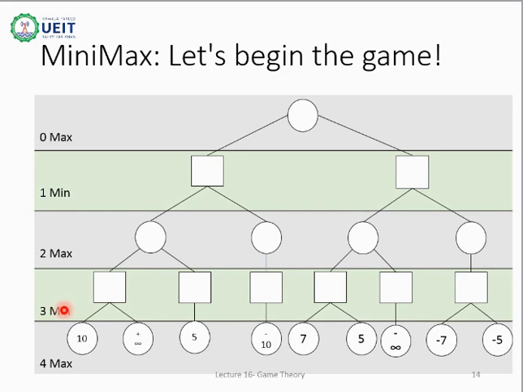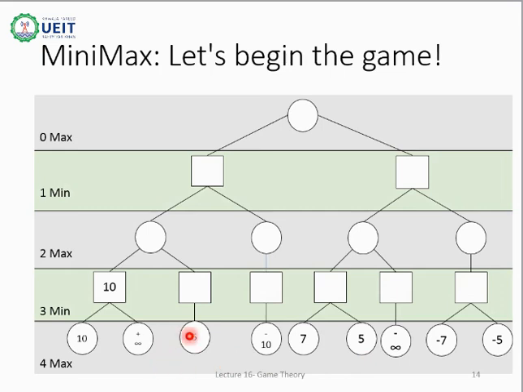Thus, we will choose minimum values from the leaf nodes and pass them to the parent node. As the two successors of this parent node are 10 and positive infinity, of which 10 is the smaller, we have to choose the minimum value of these two. We will choose 10 and pass it on to its parent node. In the same way, we will go on choosing minimum values for all of these.